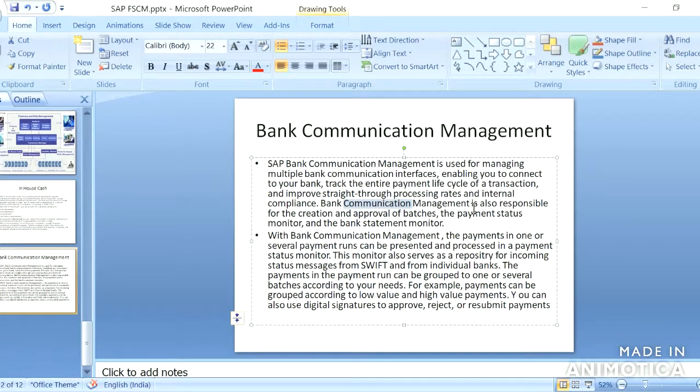So many things are happening related to bank communication: single batch, multiple batches, approving, rejecting, resubmitting the payment, and the status of the payment. From when we start making the payment till it reaches the vendor, everything will be monitored in bank communication management.